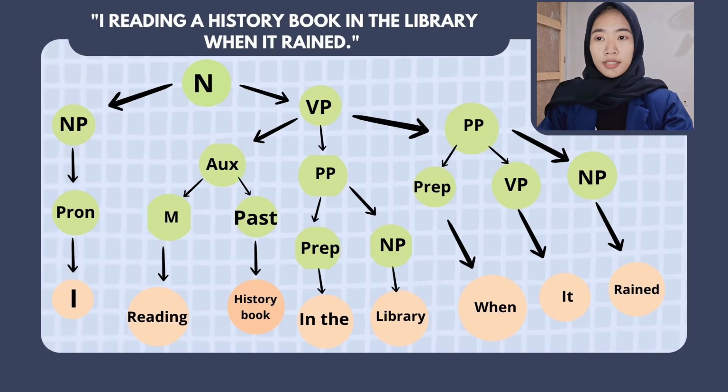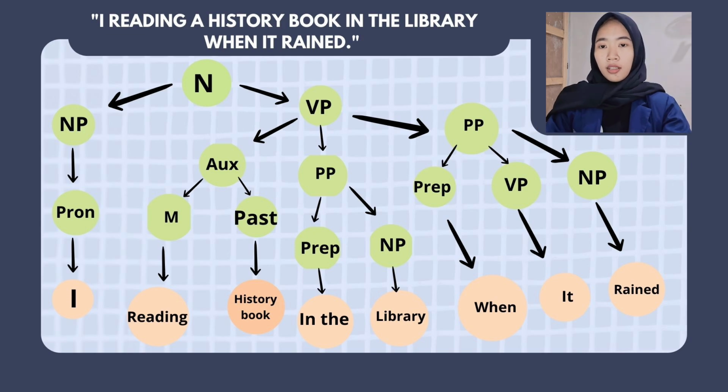Okay, we have S, which stands for sentence. This is the main part; everything starts from here. It has two parts, namely NP or noun phrase and VP or verb phrase. Let's look at the first one. NP or noun phrase. The noun phrase is the subject of the sentence that performs the action. Under NP is the pronoun.